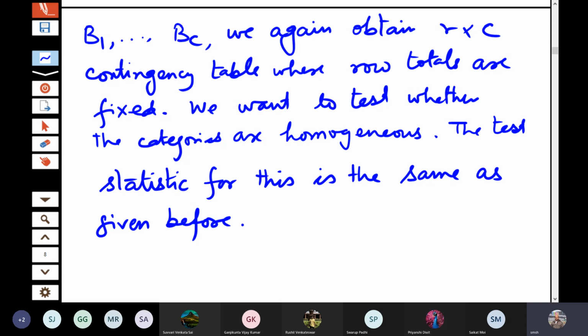First, we plot the histograms, make the frequency curves, and then apply the test for goodness of fit. Additionally, this test is useful for testing independence of attributes and homogeneity of categories when we have categorical data. So various kinds of things can be done through the same test.